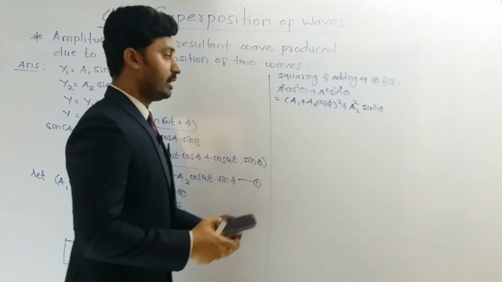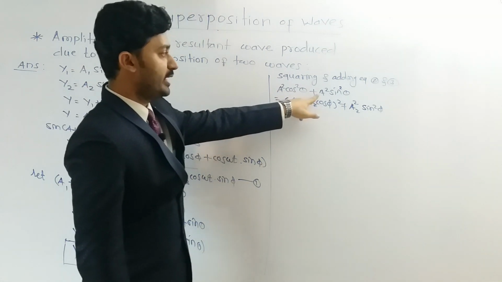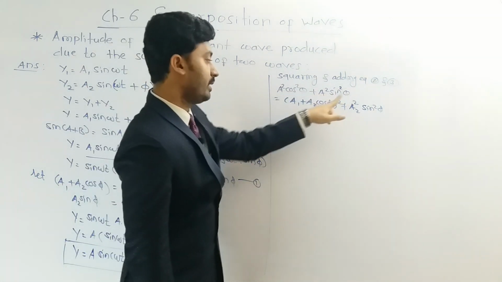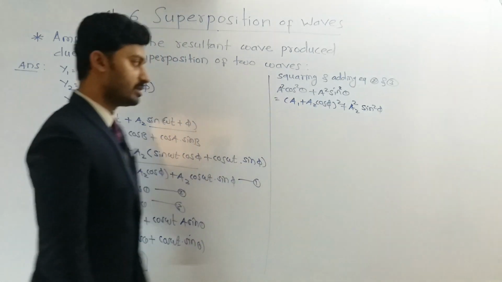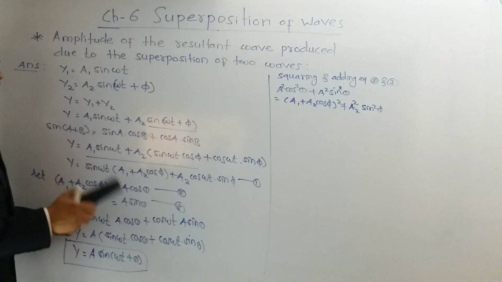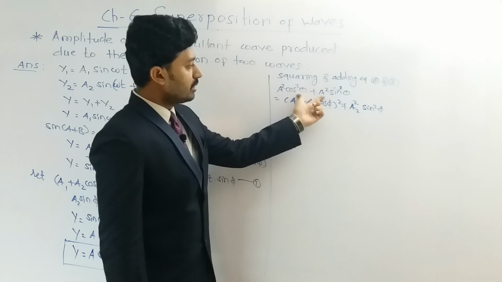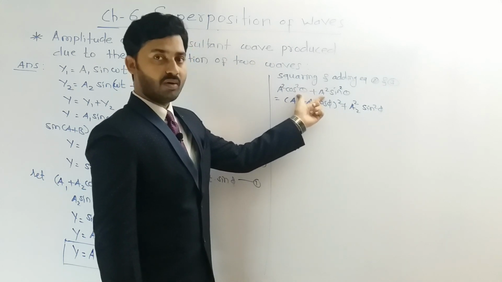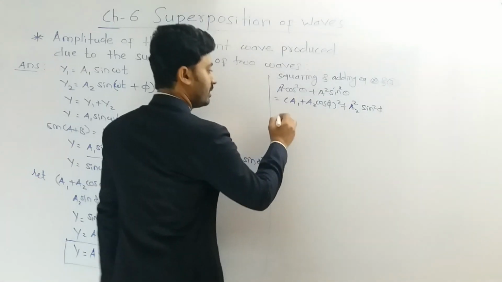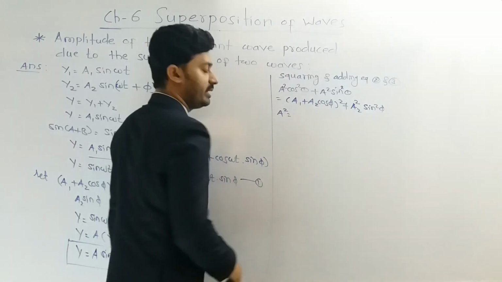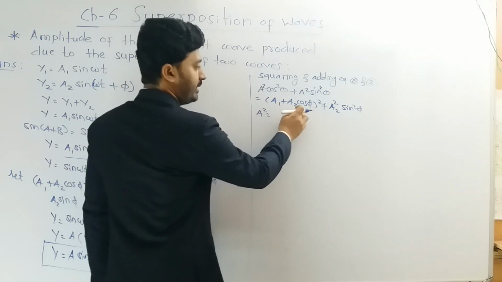Okay, now A square cos square theta plus A square sine square theta is equal to (a1 plus a2 cos phi) bracket square plus (a2 sine phi) bracket square. Here we can take A square as the common factor, and sine square theta plus cos square theta is 1. That means A square is equal to, now treat this term as (a plus b) bracket square.